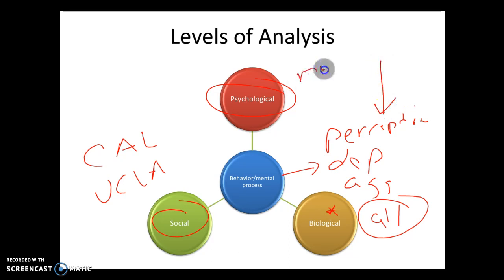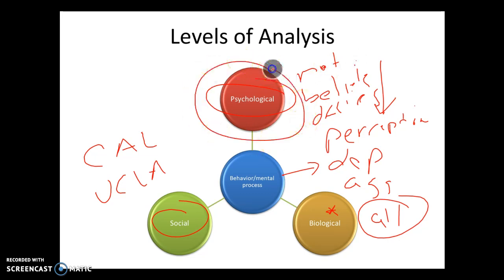People's motivation, people's beliefs, people's desires. Sorry, it's really hard to write with this pen, right? So people's beliefs, people's motivation, people's desires influence people's perception. That would be taking into consideration the psychological level of analysis, right? How do all of these things influence perception, right?